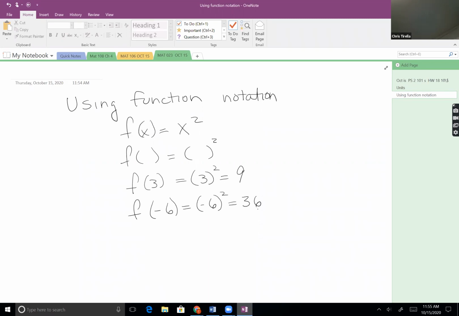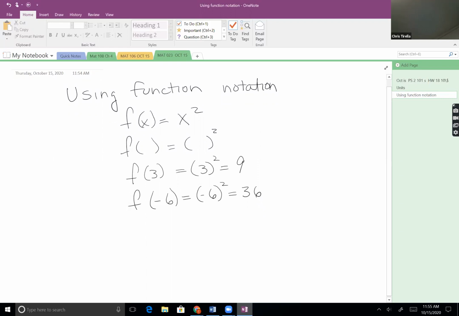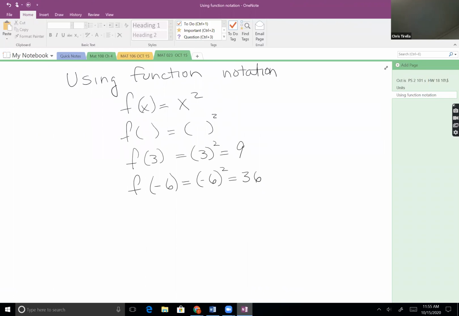And so you sometimes see function notation for this. And again, especially if I substitute a negative number, I like to put parentheses around it when I do my substitution. You remember to put those parentheses around that negative number when you substitute.